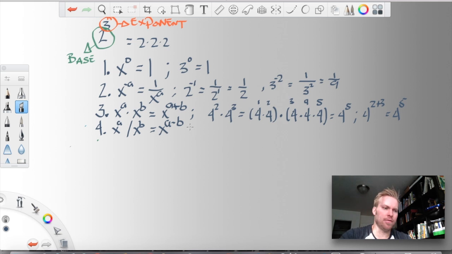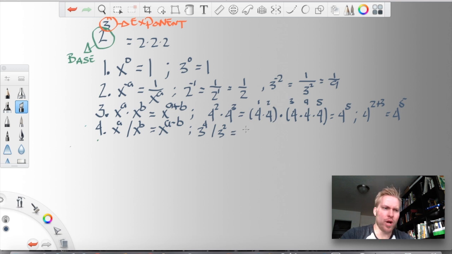Let's do an example of this really quickly. So I could say, let's do 3 to the 4th power divided by 3 to the, I don't know, 2nd power. In this case, we could expand this out if we wanted to.